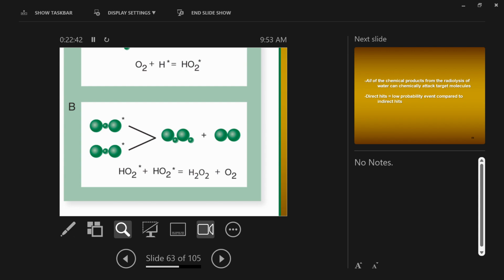So two of these molecules, two HO2 molecules, can combine to form H2O2 plus an O2 molecule, okay? The O2 is not harmful, it's just oxygen, but the H2O2 is harmful. H2O2 is hydrogen peroxide, okay? There's a hydrogen per oxygen, hydrogen peroxide.